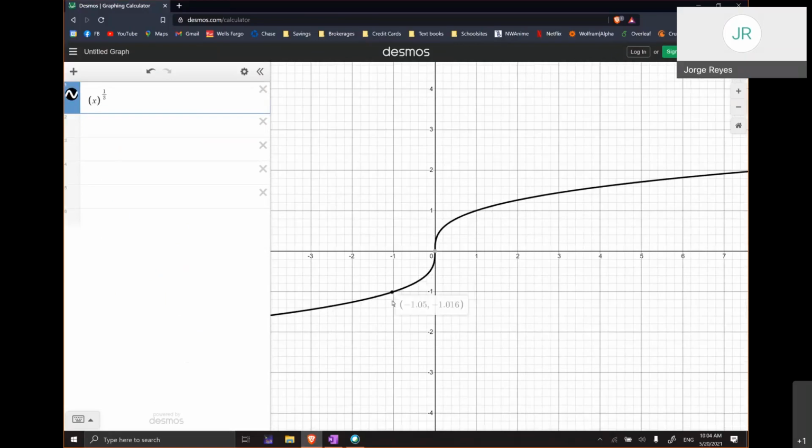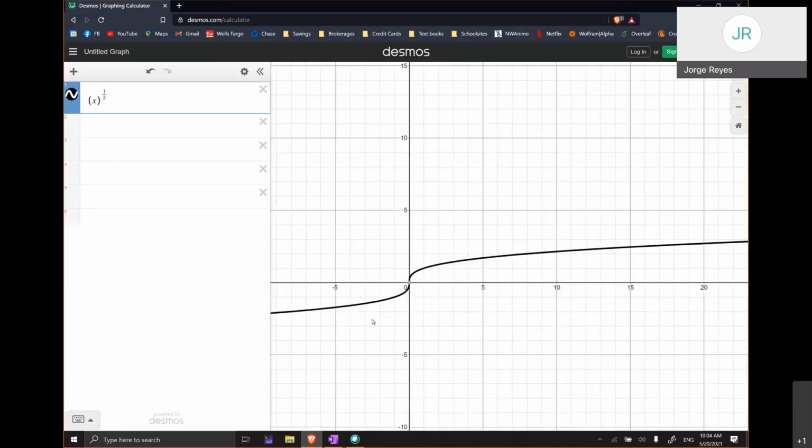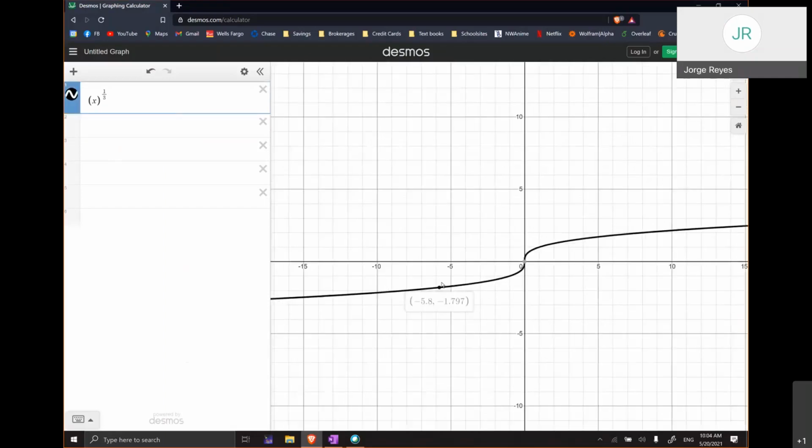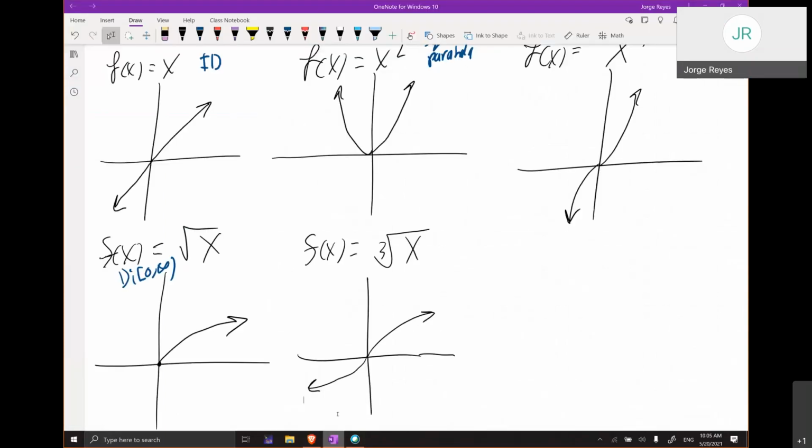Here's -1 and -1, because the cube root of -1 is -1. Just like if I go over here, the cube root of -8 is -2. So remember that negative numbers are fine for odd roots.